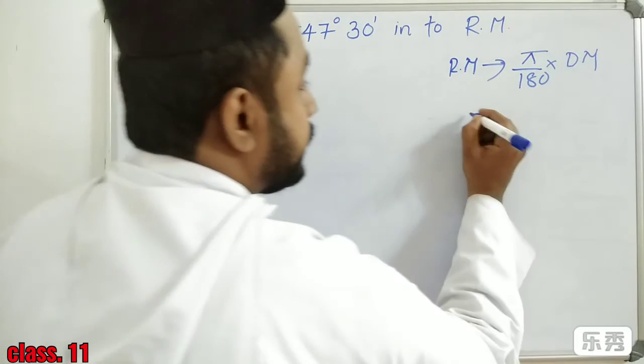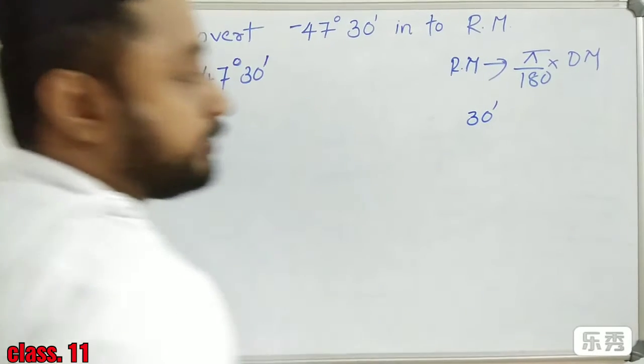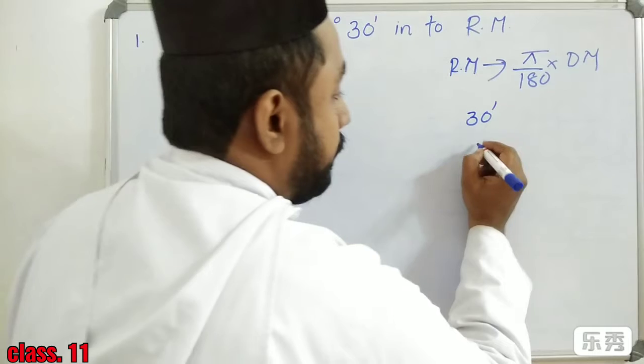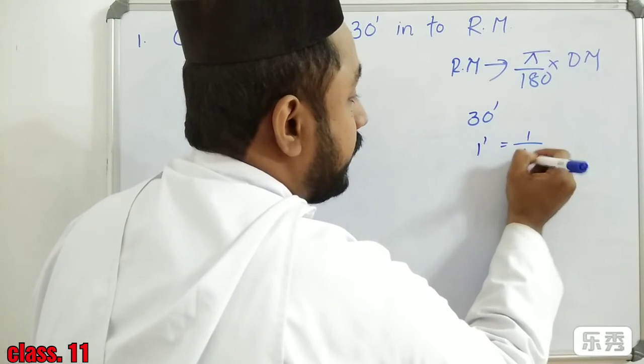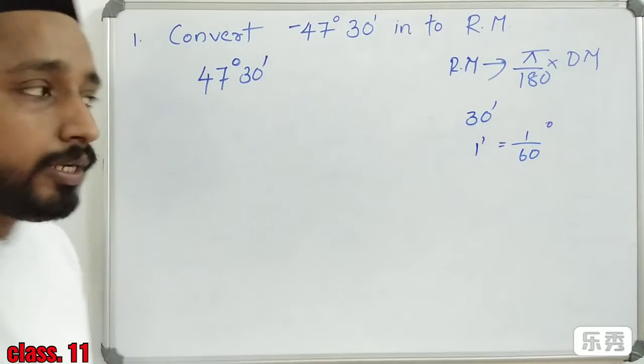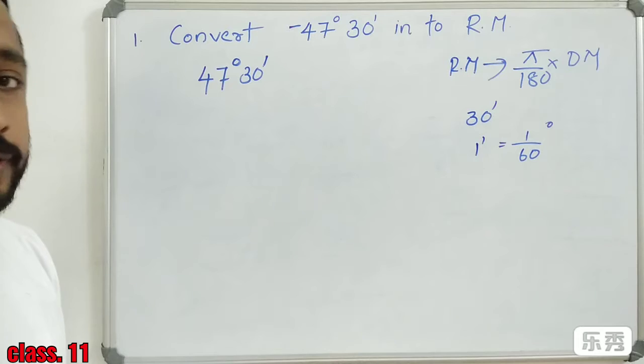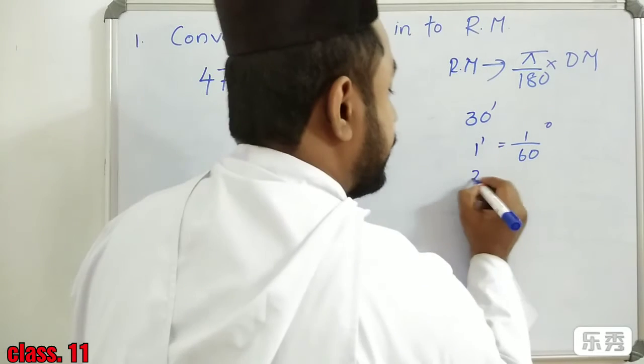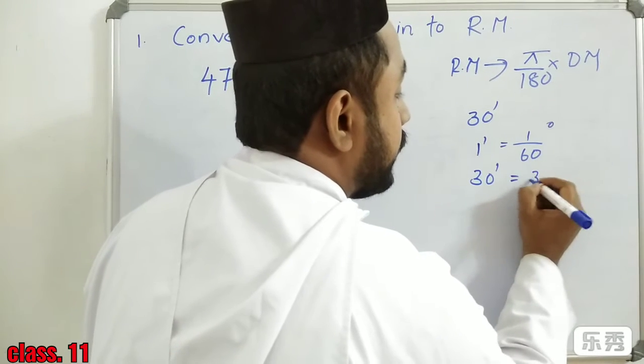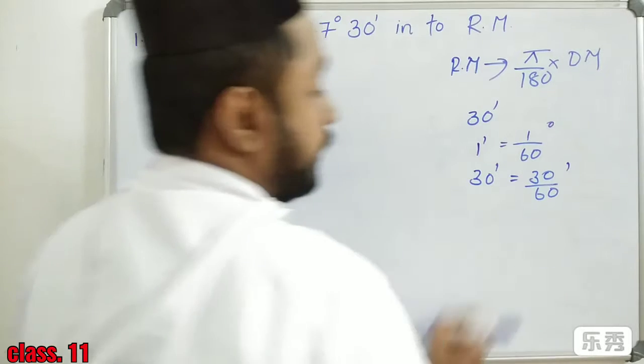So we know 1 minute is equal to 1 by 60 degree. Therefore, 30 minutes is equal to 30 by 60 degree.